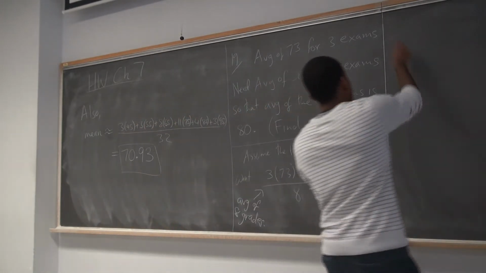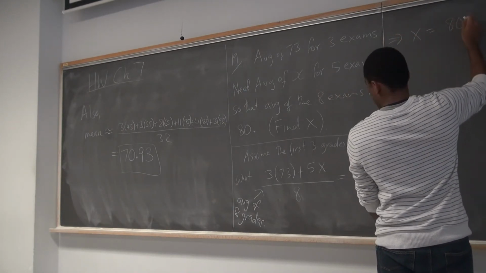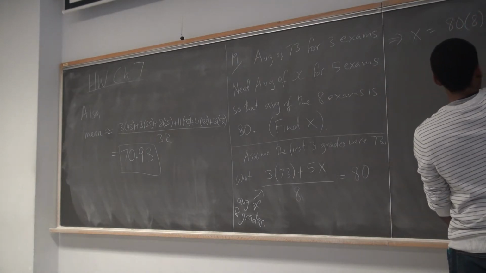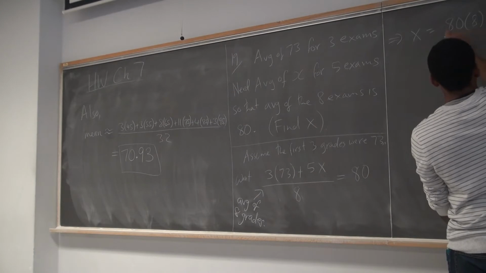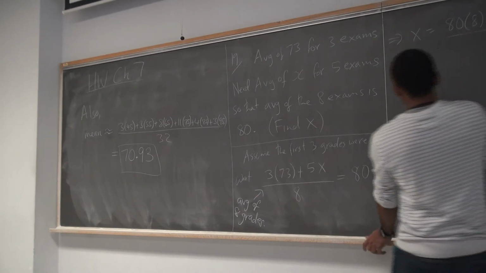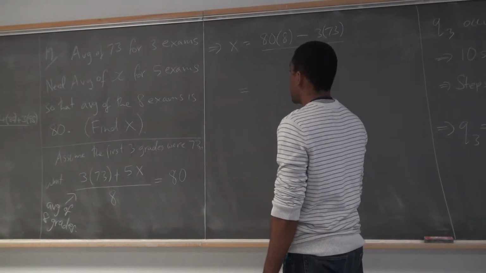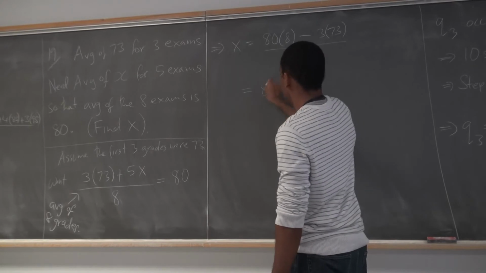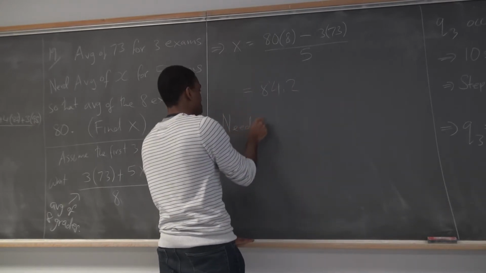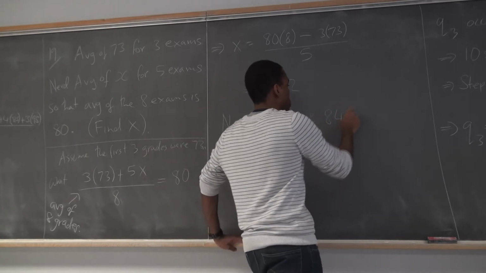And so X would be 80 times 8 minus 3 times 73, then divide by 5, which is what Felix said. 84.2. Average of 84.2.